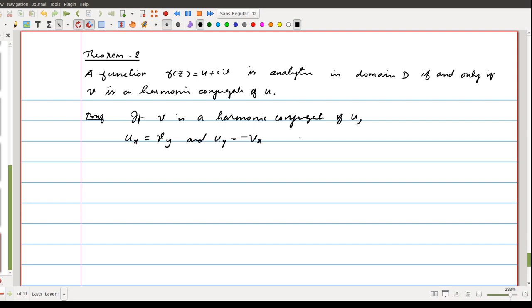This is the definition of harmonic conjugate. So u, v satisfy the CR equations, and u, v are harmonic functions. Since they are harmonic, all the partial derivatives of u and v are continuous. So whenever all the partial derivatives of u and v are continuous along with the CR equations, we get that u plus iv is analytic.